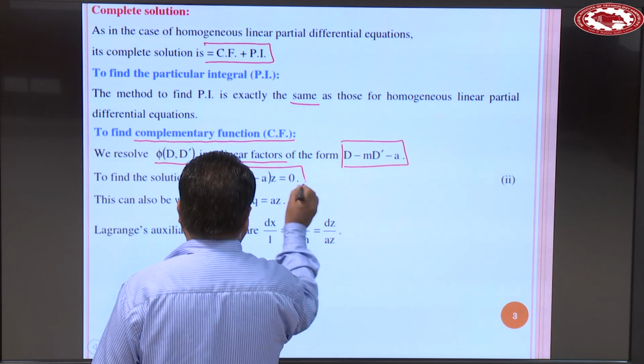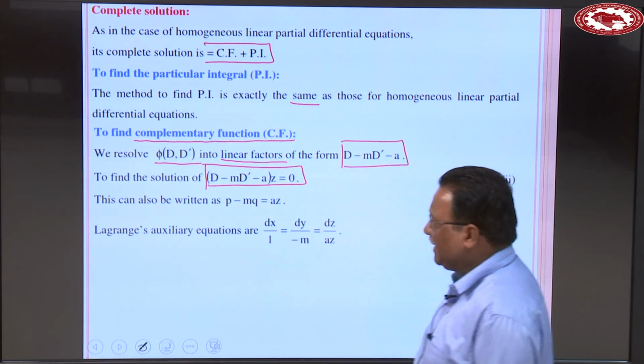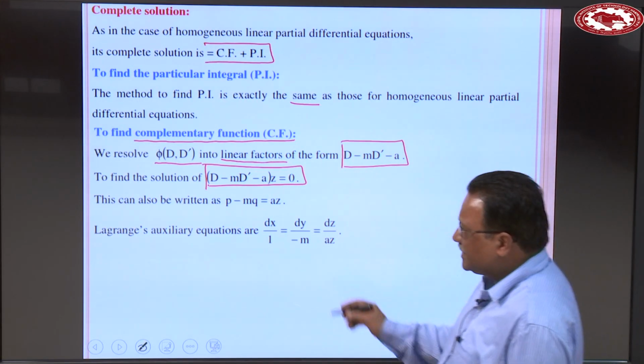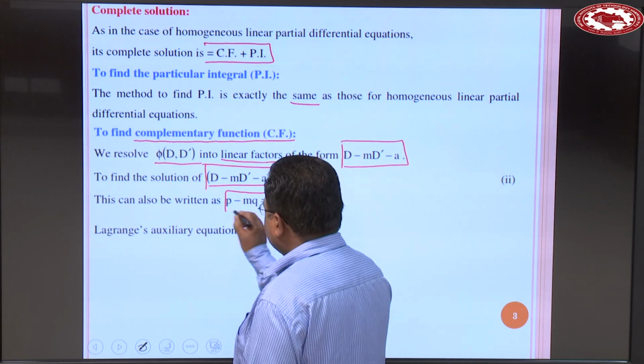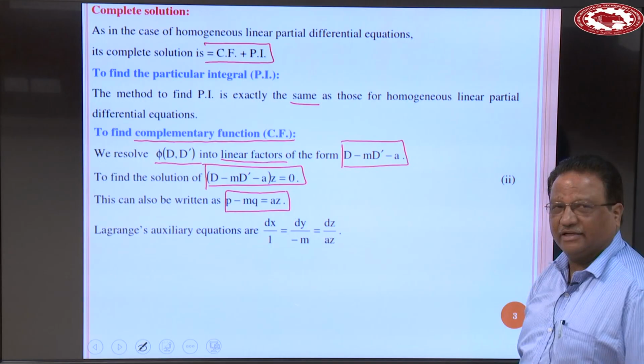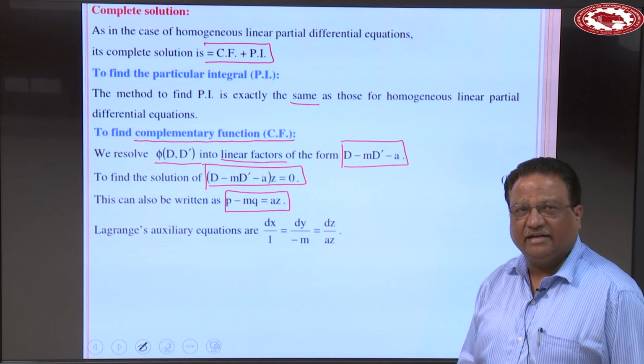Then find the solution of the equation (D - mD' - a) z = 0. Clear? This can be written as p - mq = az, and that is Lagrange's differential equation.